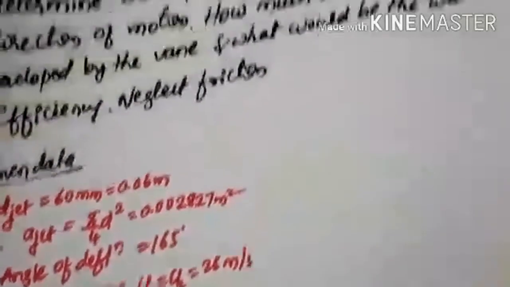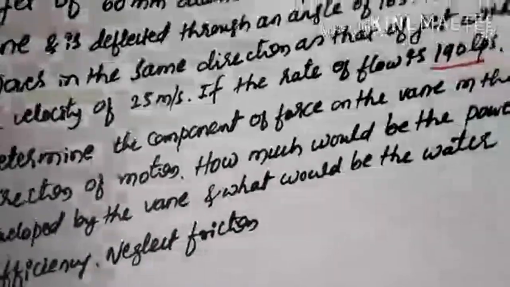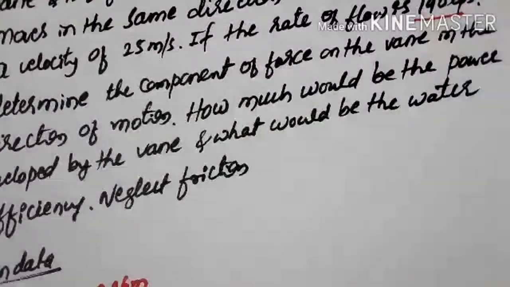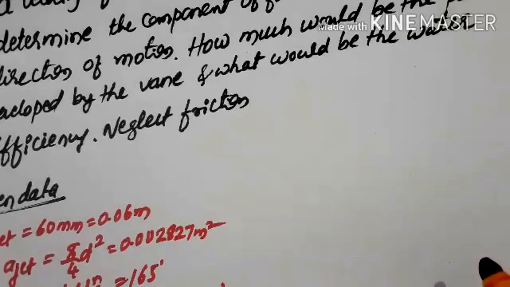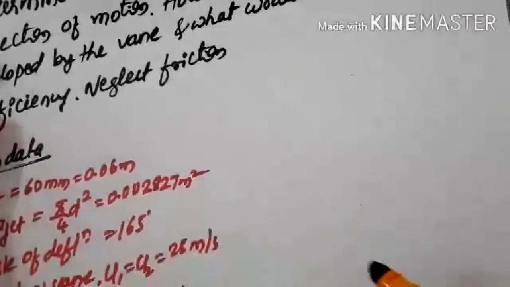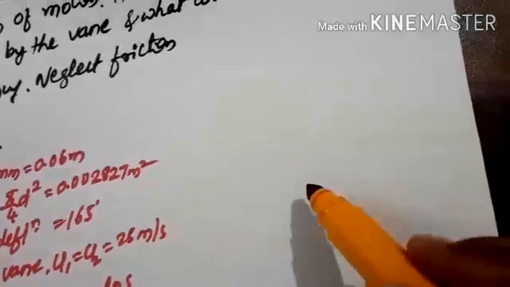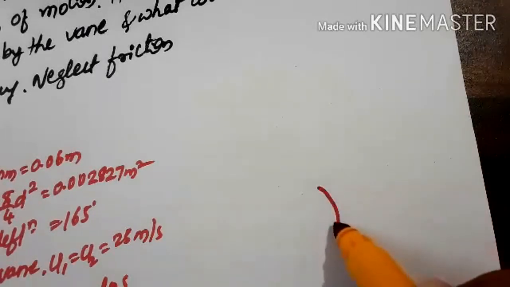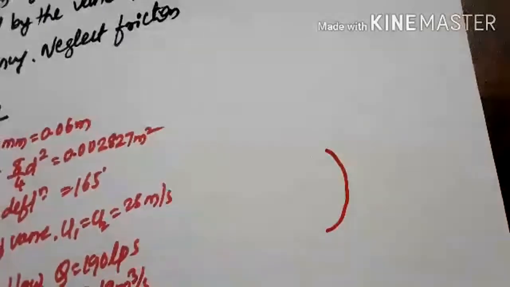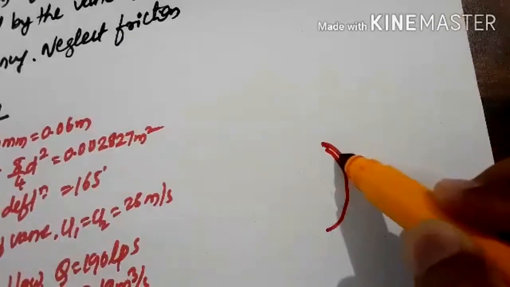In this problem, it is not mentioned at what angle the jet is striking the vane. Since the jet and vanes are moving in the same direction, let us take that the jet is entering tangentially into the blade passage. So let us draw the velocity triangle. This is the vane, this is the curved vane, like this.